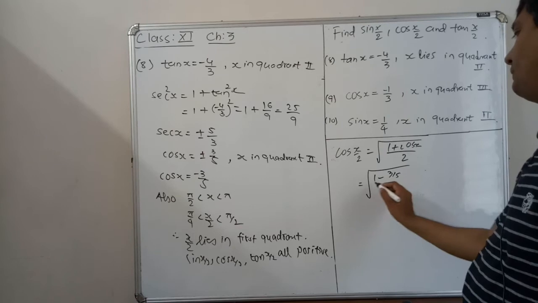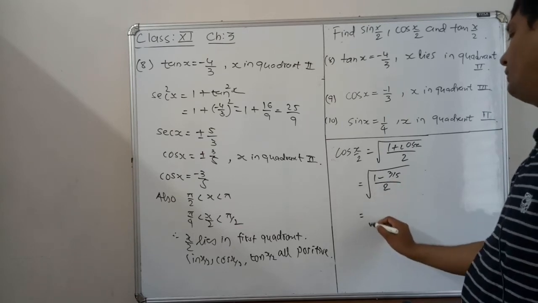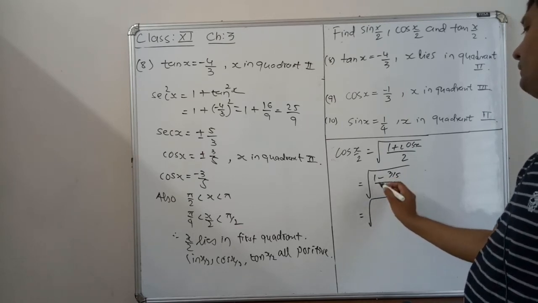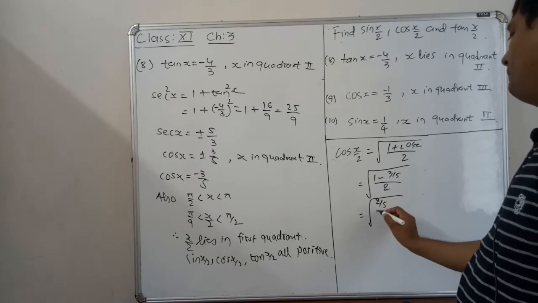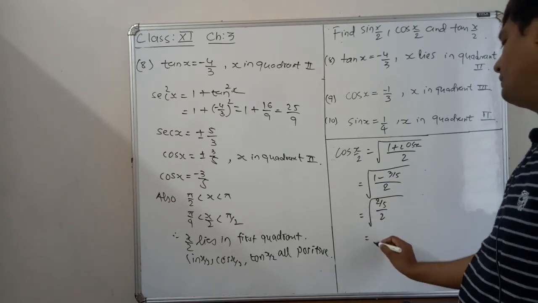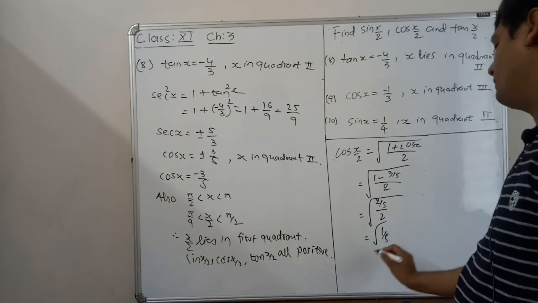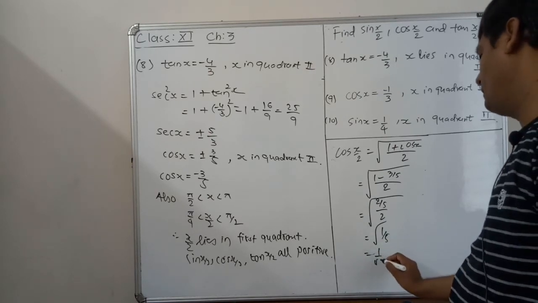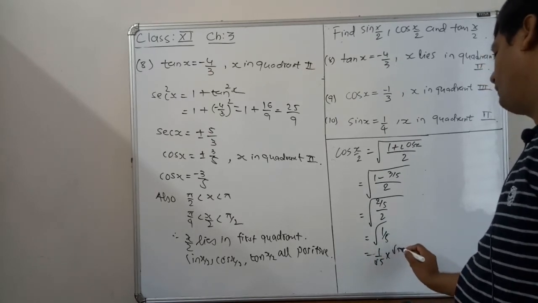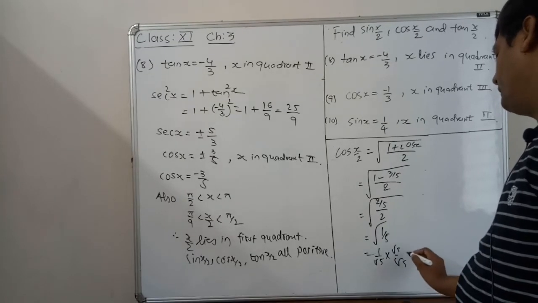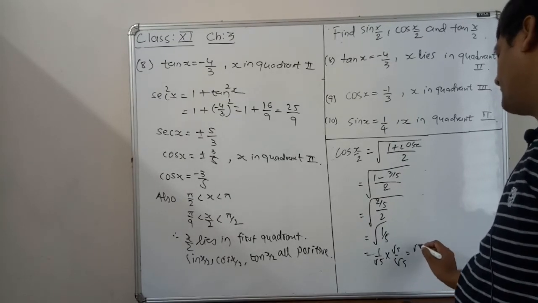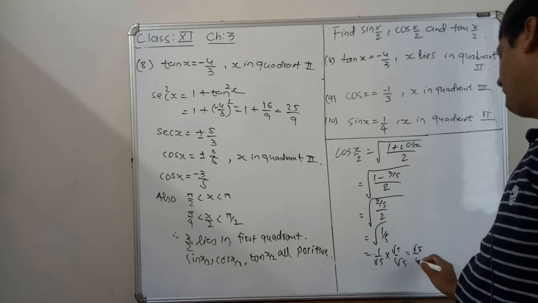So you put here 1 minus 3 by 5 by 2 is equal to under root of 2 by 5 by 2. So 2 cut, you get 1 by 5. So 1 by 5 is equal to 1 upon root 5, multiply by root 5 and root 5. So क्या बचेगा आपके पास? Root 5 by 5.